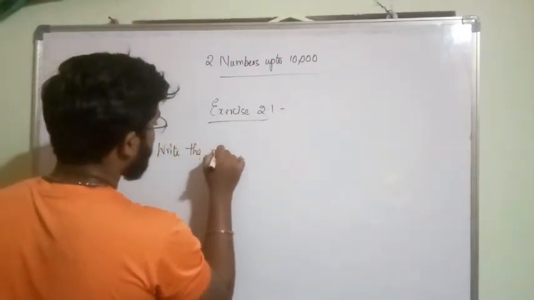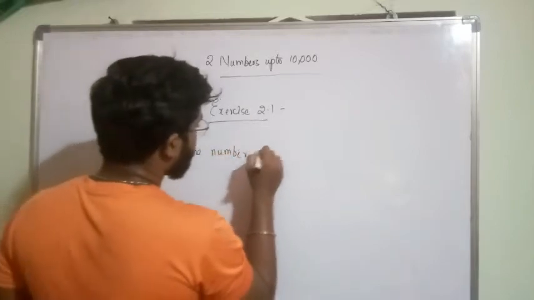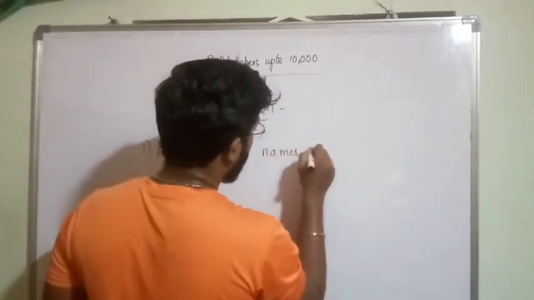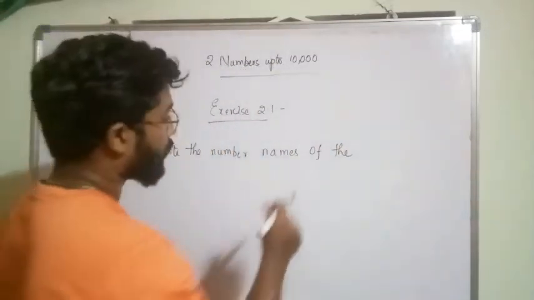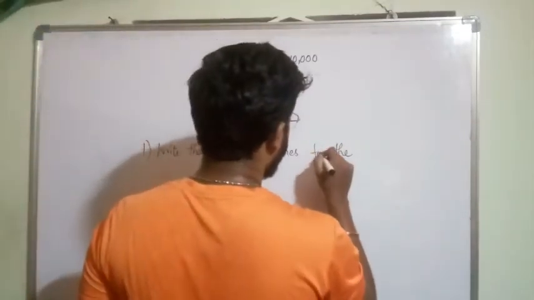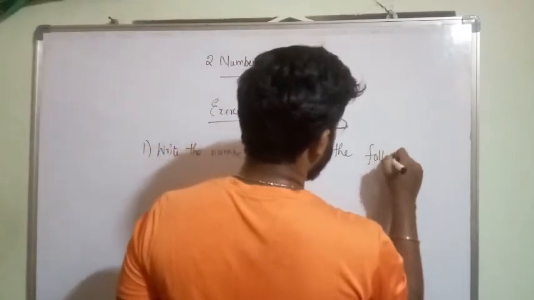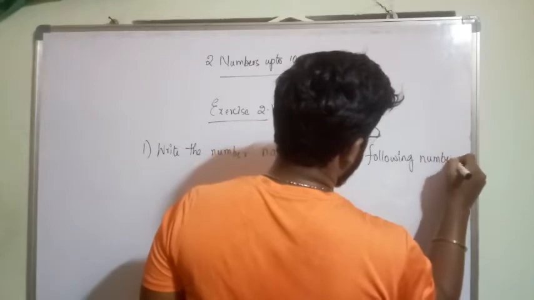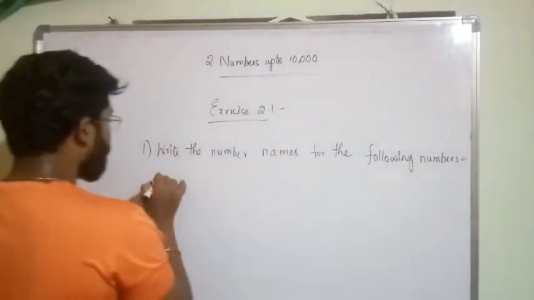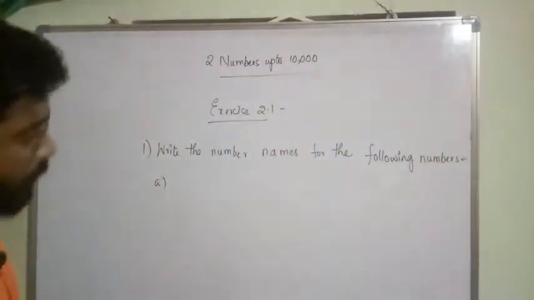So he is asking to write the number names. First one, 2674. What is the number name?